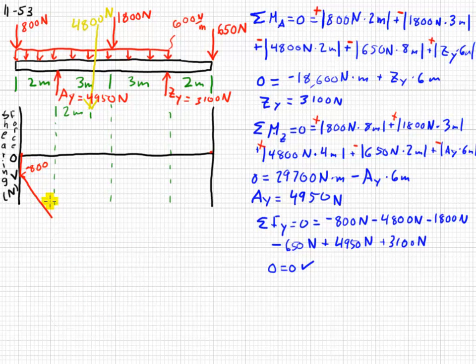So start at negative 800, then I go down 1,200 more, so I'm at negative 2,000. Then the reaction of 4,950 is here, so I'm going to go up 4,950 abruptly to 2,950.